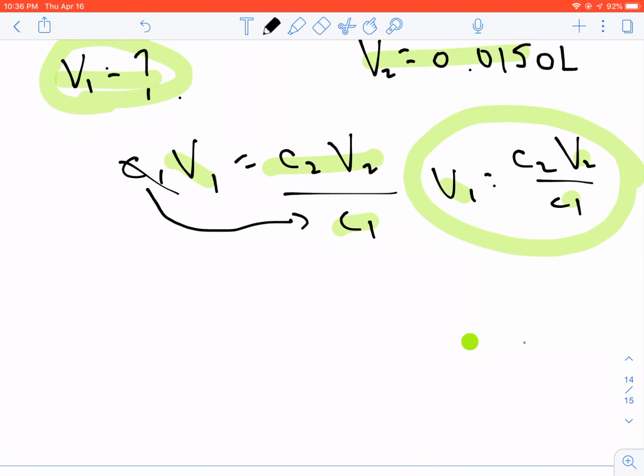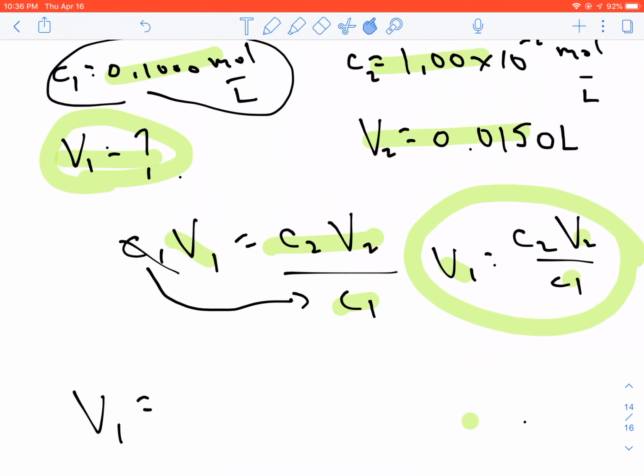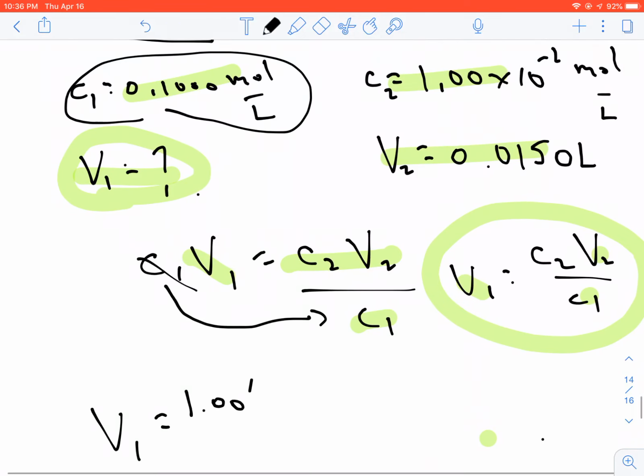So now I'm going to move up my screen here, and I'm going to substitute my numbers in. V1 equals C2, which was 1.00 times 10 to the negative 2.